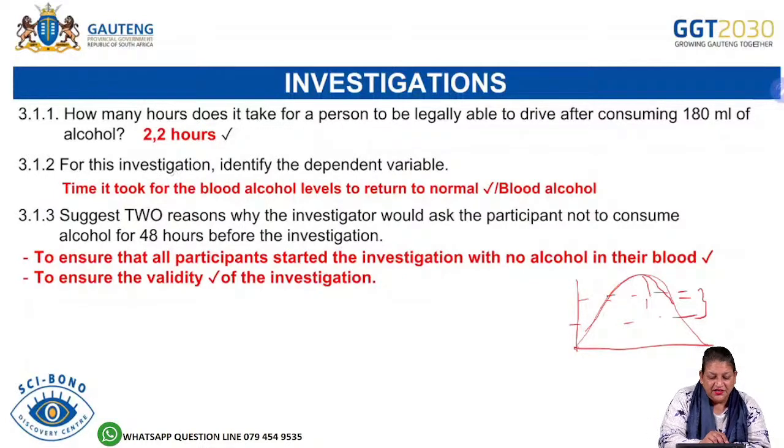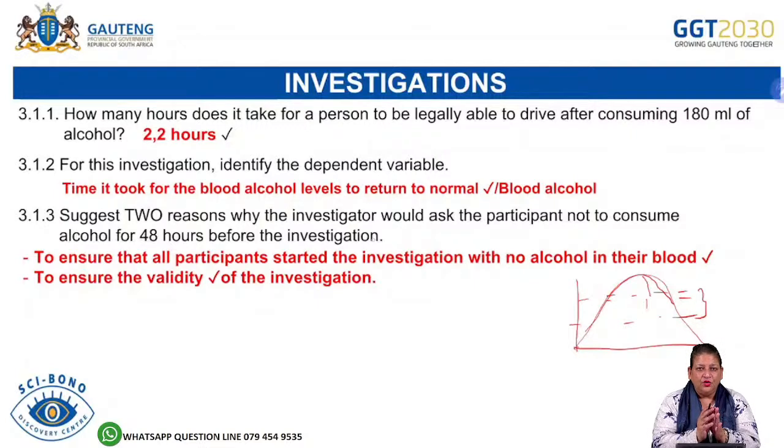Right. For this investigation, identify the dependent variable, and what did we say? It is the time it took for the blood alcohol levels to return to normal. Suggest 2 reasons why the investigator would ask the participant not to consume alcohol for 48 hours before the investigation. So if you're going to start off the investigation, we want the blood to be at 0% alcohol.